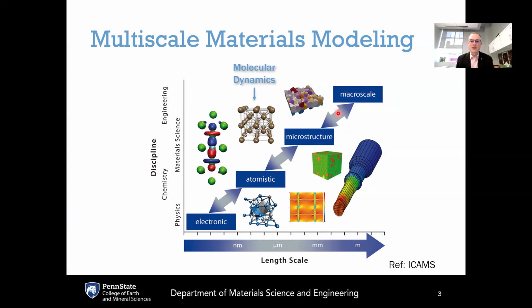And then, of course, at the greatest length scale, we have macro scale simulations. That could be looking at the entire part. So the length scale here could be meters or so. And this is normally the domain of mechanical engineering rather than material science. As material scientists, we normally focus on these other three levels here: electronic, atomistic, and microstructure.